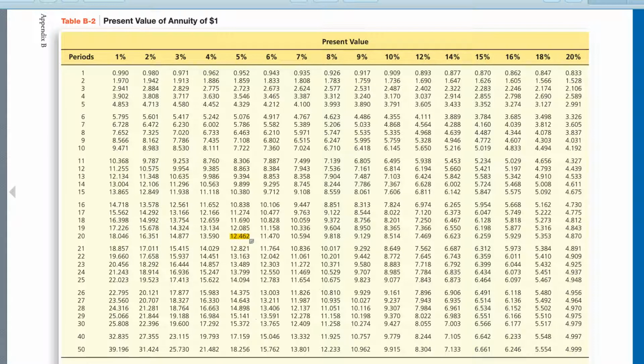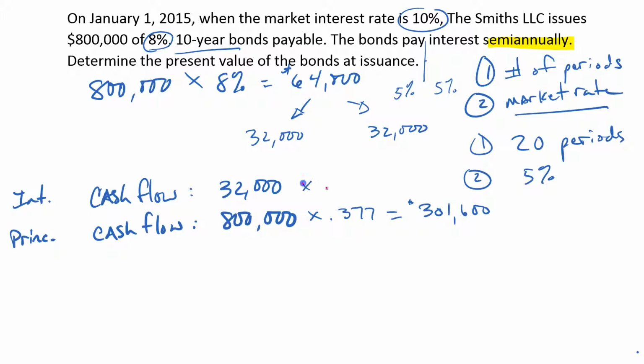So let's use that factor in our calculation. So I multiply $32,000 by 12.462 and I get 398,784.